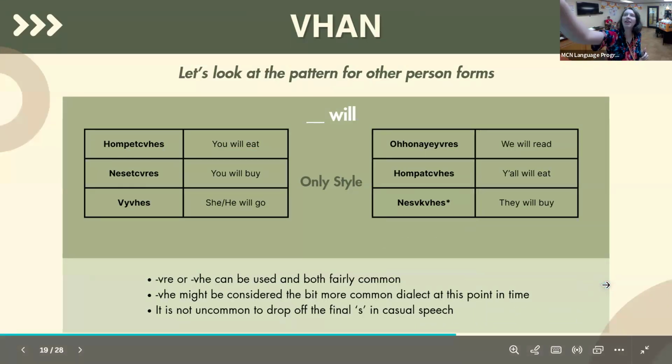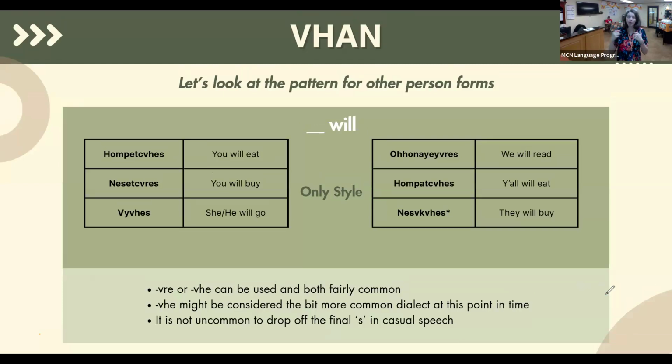Okay, so now that we went ahead and we looked at the I will pattern, we're going to look at the patterns for the other person types. So just like last time, we start out with you, then he, she, or it, we, y'all, and they. So your first one, we're doing you.